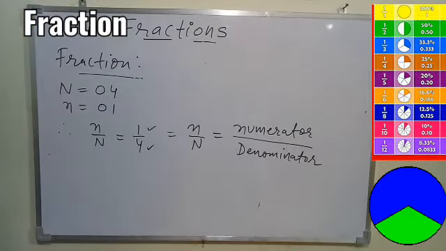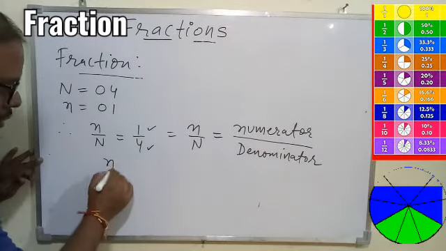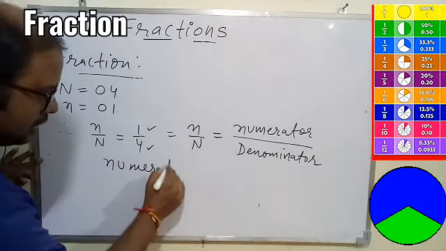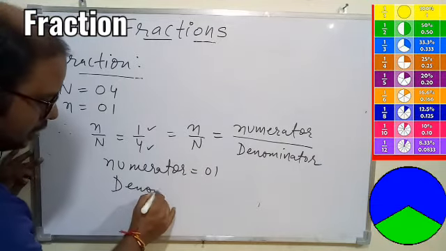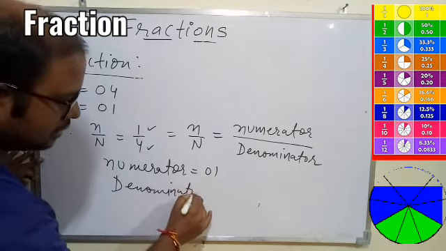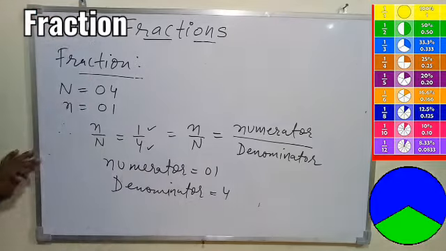That is to be understood here. So in general, here we can say your numerator is 1 and denominator is 4 in this case.